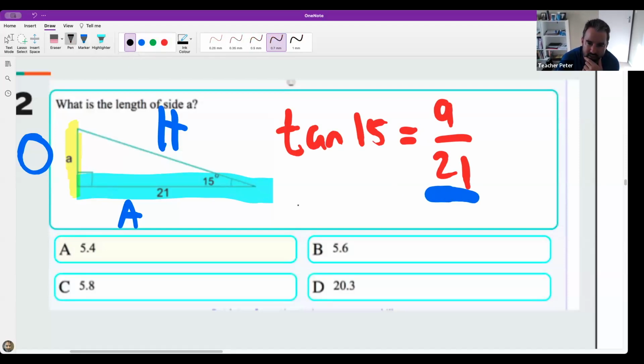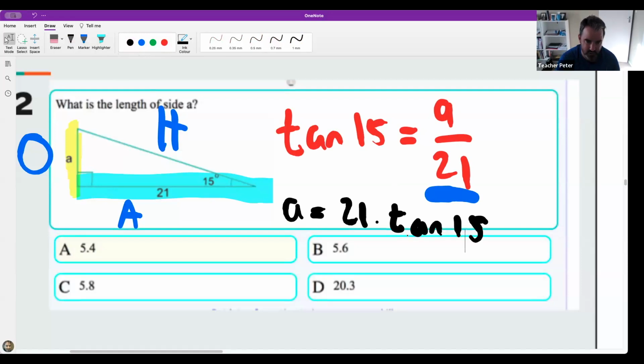So we get A is just equal to 21 times the tan of 15. And if I use my calculator, I get 5.62, which would be this one over here.